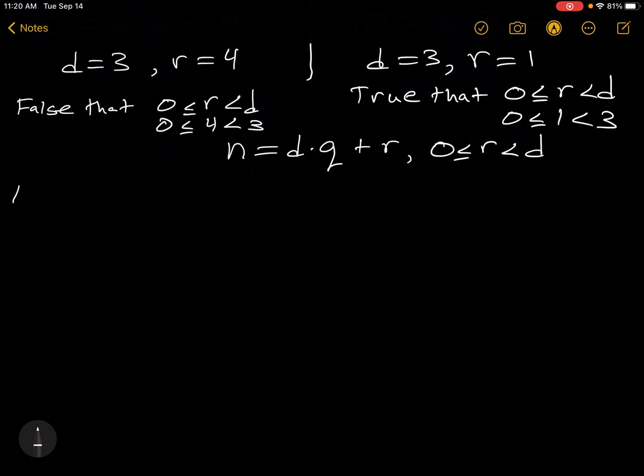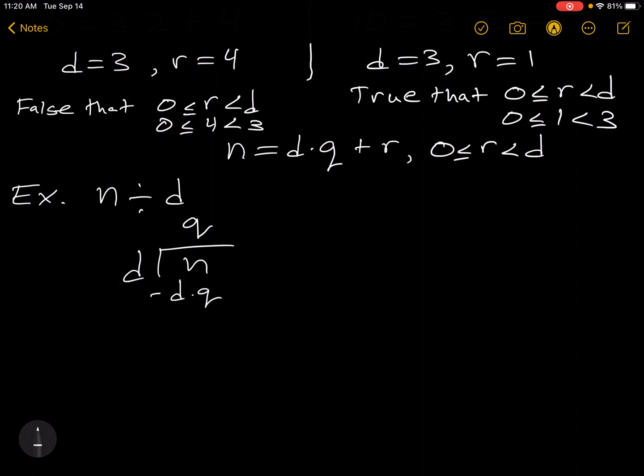Now, as a last example, let's consider the general case where we have n divided by d. If we were to do this using the same sort of method that we did before, we would see that d divided into n goes in some q amount of times. If you do the multiplication, you've got d times q and subtract.